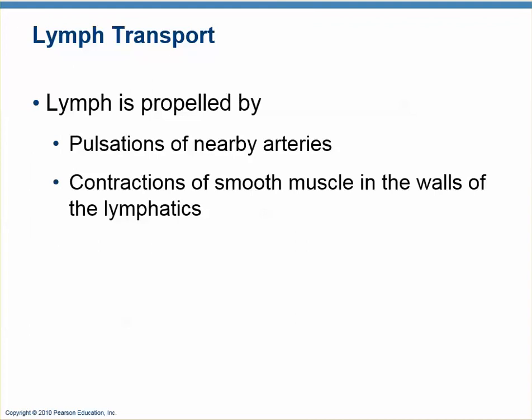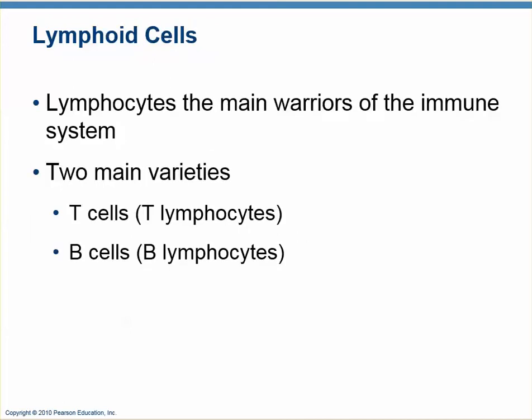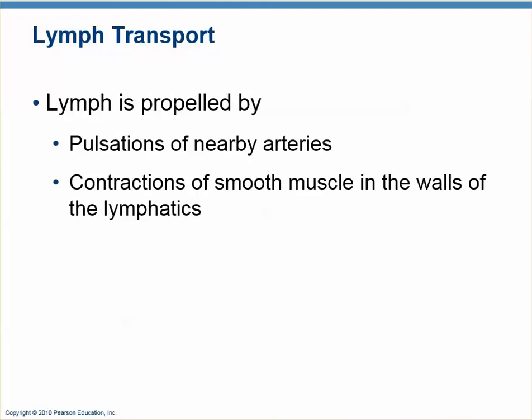There is some contraction of the smooth muscle walls of the lymphatics, but that's not a big thing. It's also moved by the muscular pump, just walking around, exercising, which pushes it back. And there's a respiratory pump, where deep breathing lowers the pressure in the thorax and draws lymph up the lymphatics back towards the thorax.